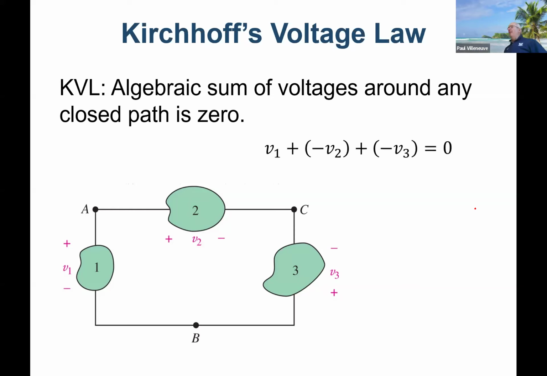Now I'm going to do KVL, which requires the concept of a closed loop. Why is it a closed loop? Because if I go back to my starting point, the voltage there should be exactly the same as when I started.